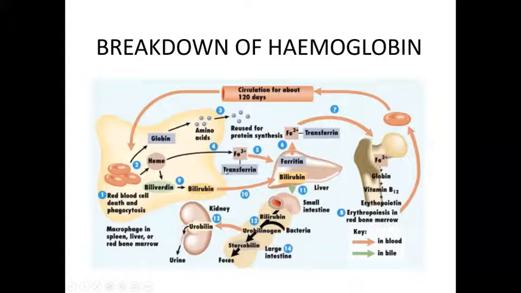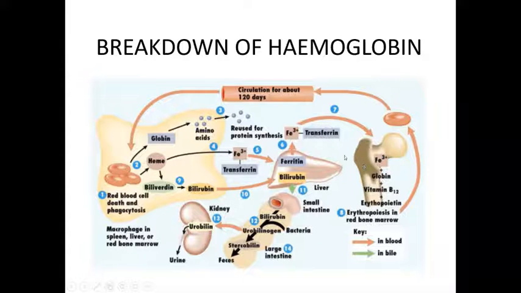and these ferrous ions enter into the liver, and are again released into the blood with the help of transferrin, and enter into the bone marrow for the production of RBC, that is erythropoiesis.